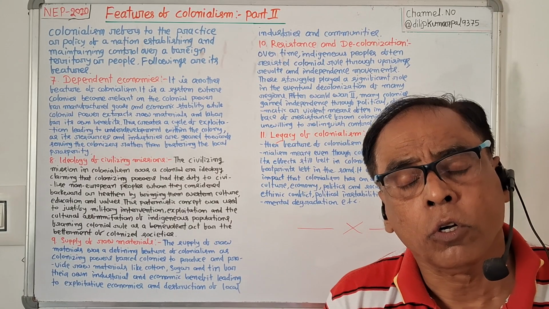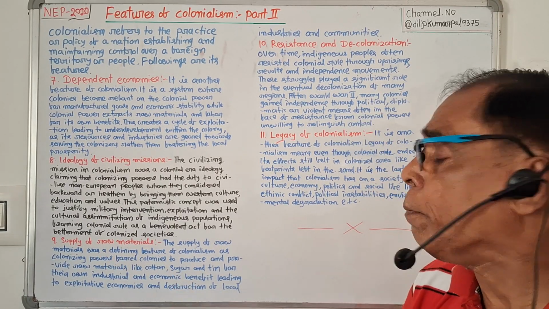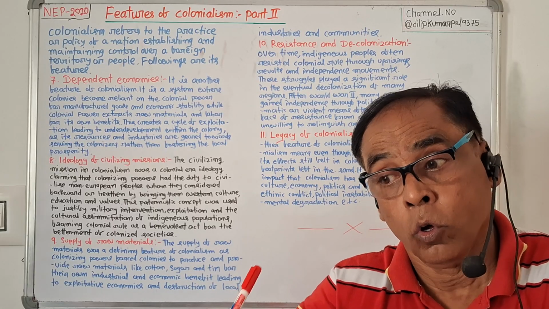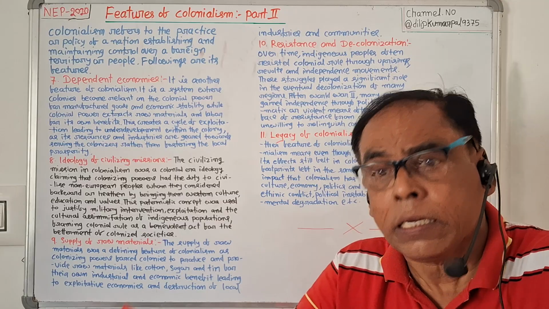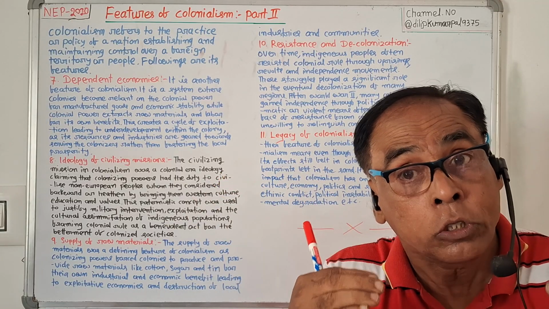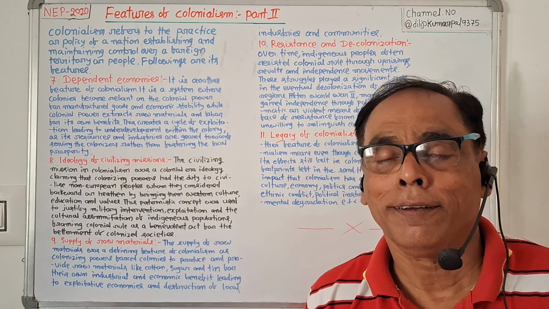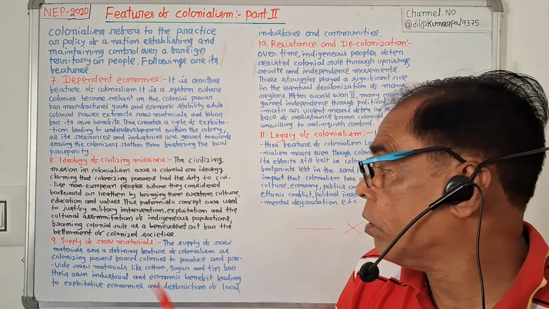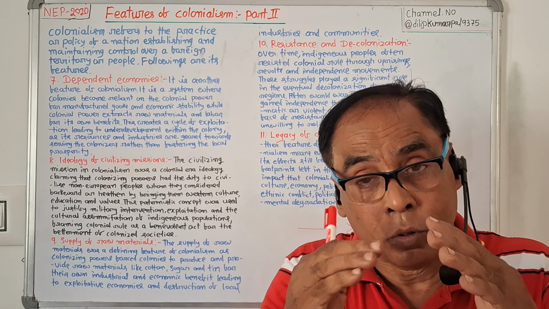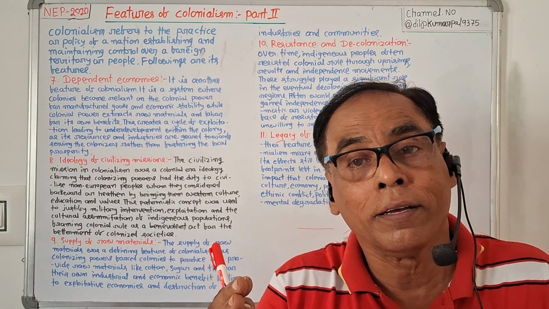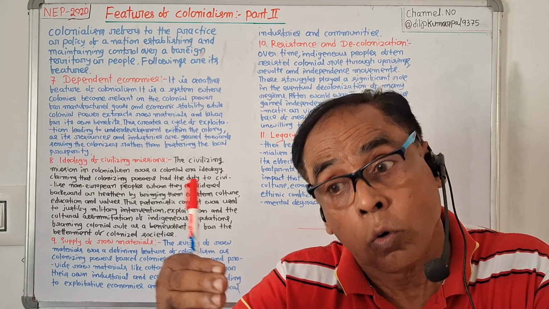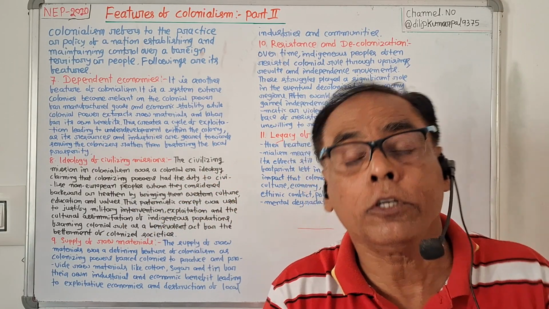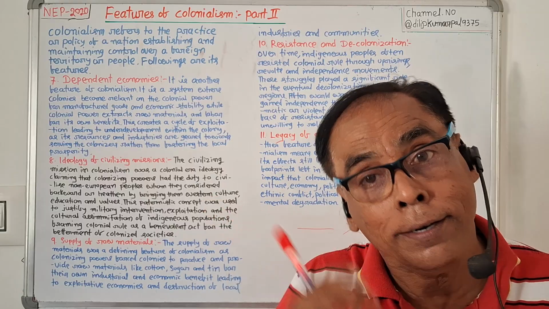The colonial power forced people of colonies to extract raw materials which were used for the benefit of the colonial power. In colonialism, the colonial power forced colonial people to produce raw materials to be used for the benefit of the colonial nations.